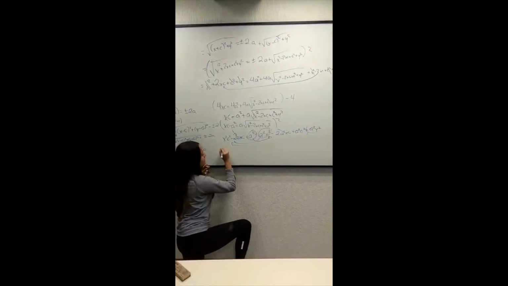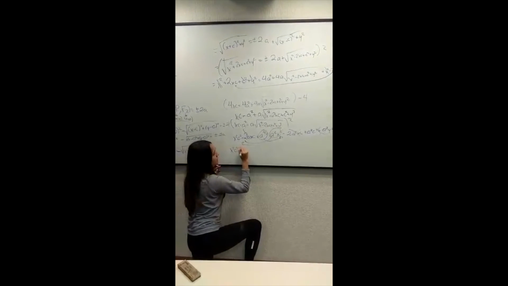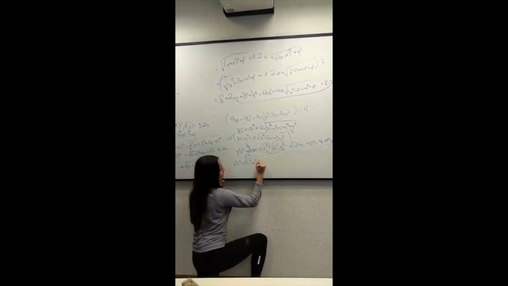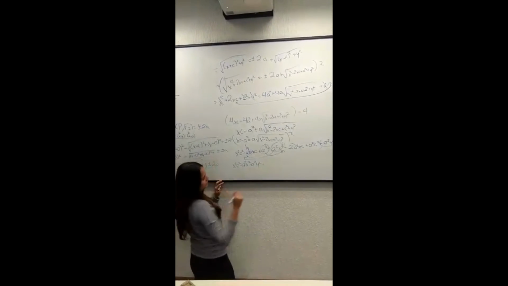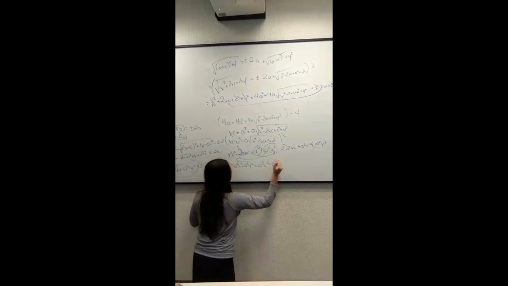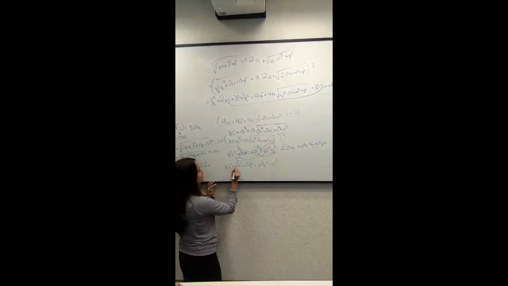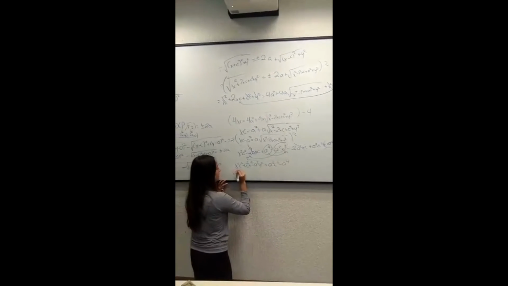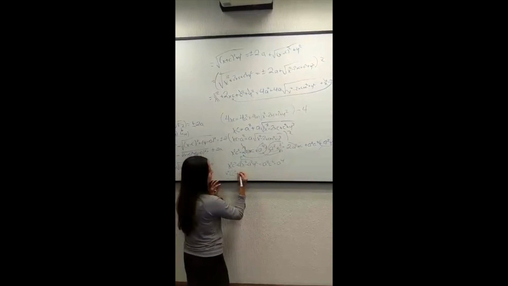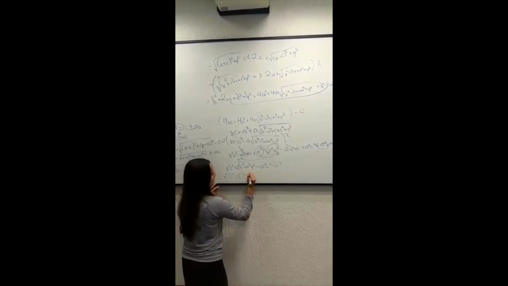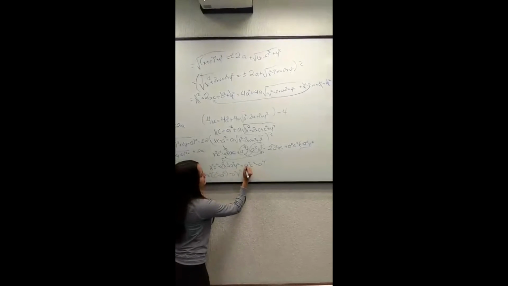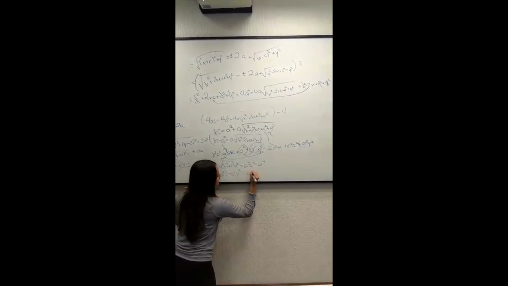We got x squared c squared minus a squared x squared minus a squared y squared. It is equal to a squared c squared minus a to the 4th power. We have a common factor here, so we got x squared times (c squared minus a squared), and we also have a common factor here, that is a squared.